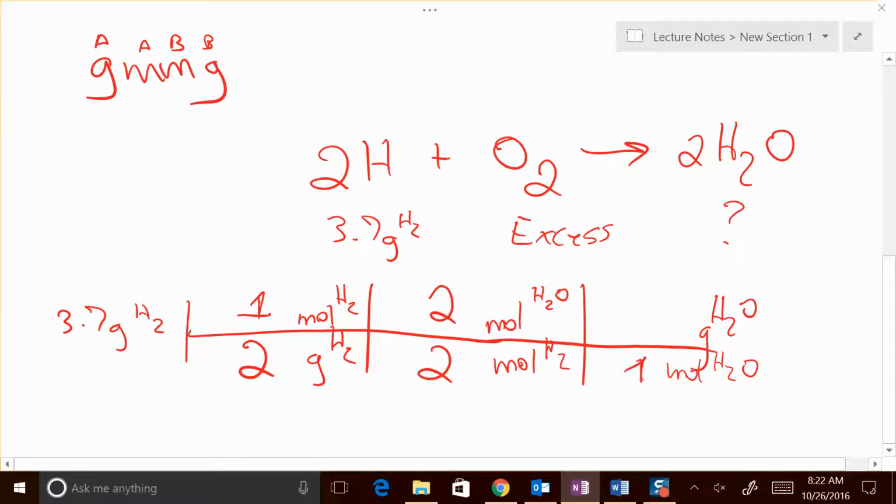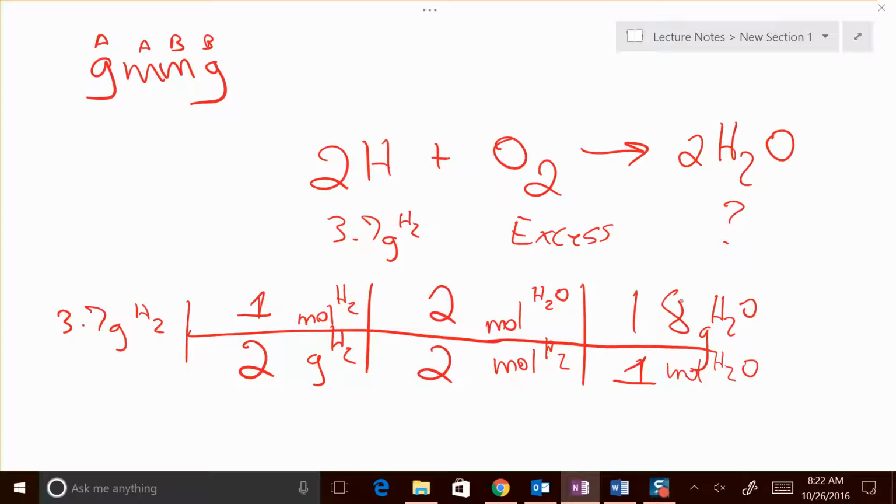Moles are always 1. Grams, where do I find the gram amount here? Periodic table. So I have oxygen, which is 16, hydrogen, which is 1, but there's 2 of them. So 16 plus 2, 18 grams of water for every 1 mole of it. Okay? So that's the process. G, M, M, G. That's the longest I could be given.